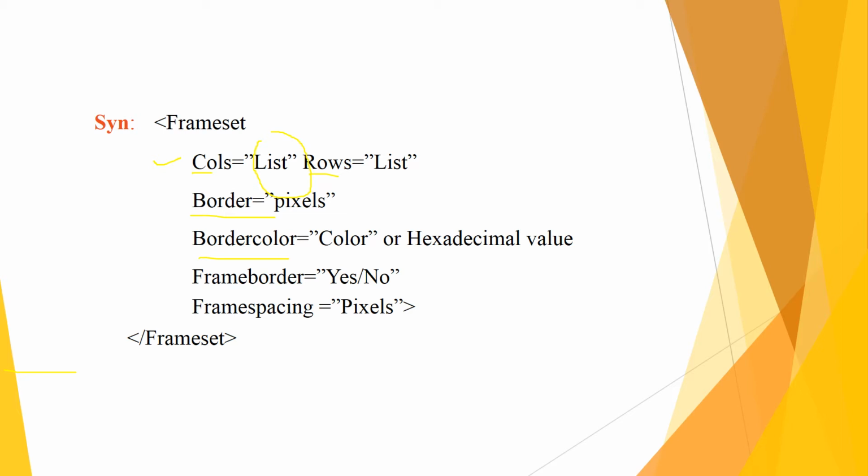In the same way, frameborder: if you want to display the frame border, then we will use yes, or else we will use no. Framespacing: if there is a space between frames, then how much space to display we give as a value in pixels.